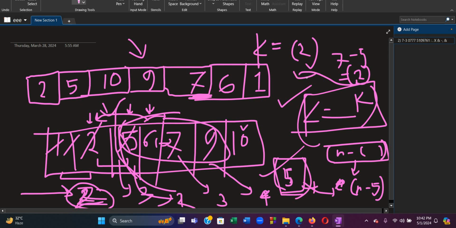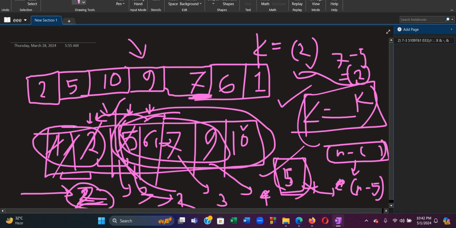What does that mean? The minimum is 2 elements I have to erase. What are those 2 elements? Those 2 elements are 1 and 2. If I remove them, I have 5, 6, 7, 9, 10, a whole package. And 2 is the minimum number of elements that I had to remove. I could have done the other way around, but that would not have minimized the number of erased elements.